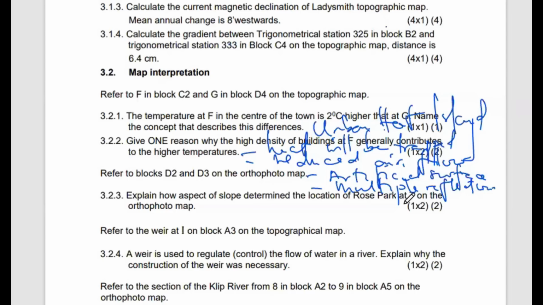Automatically, north-facing slopes in the southern hemisphere, they are warmer and they get more insolation. And if a south-facing slope, automatically it means it has less insolation and it's cooler. So for a park, most obviously, it must be facing to the north to allow for warmer temperatures or to allow for insolation.